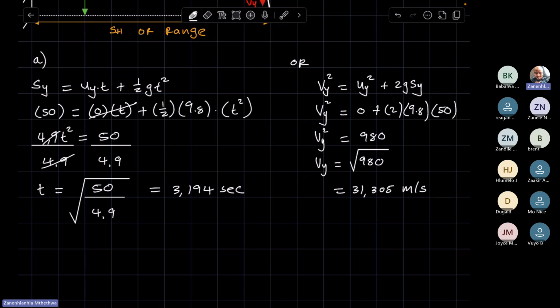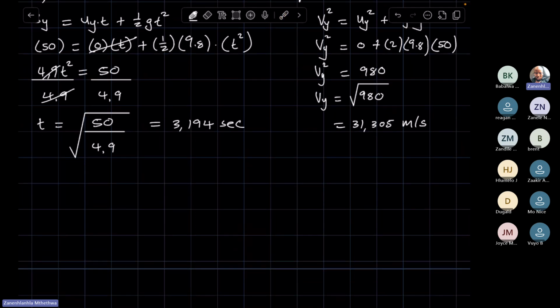All right, so to use the first approach that one of you suggested, you'd first have to calculate the final velocity. And then after having calculated the final velocity, you can use Vy is equal to Uy plus GT. Vy is 31.305, that's 0 plus 9.8 times t.